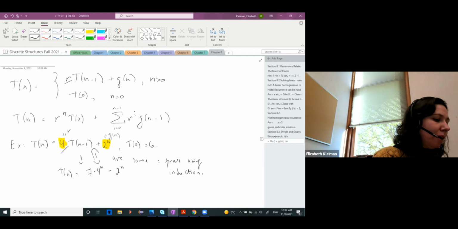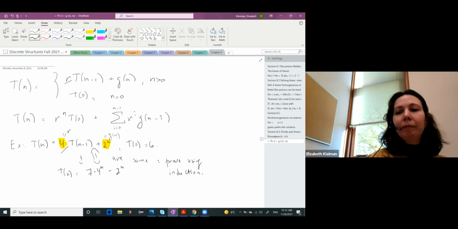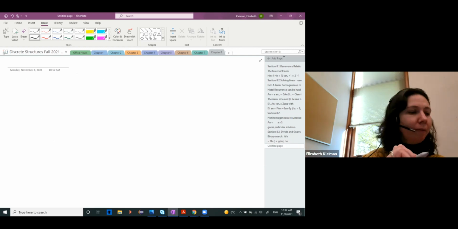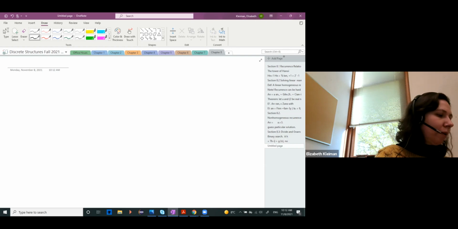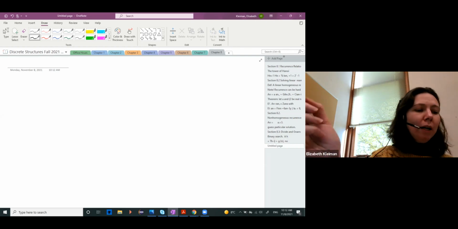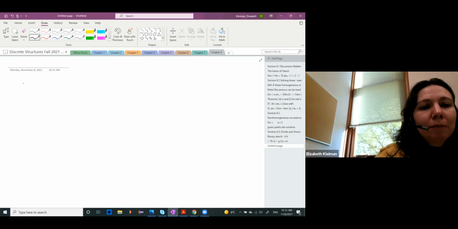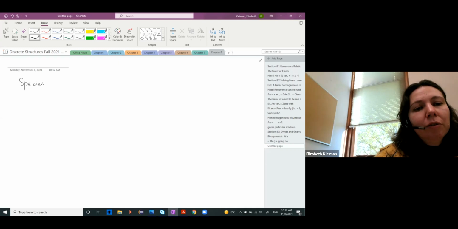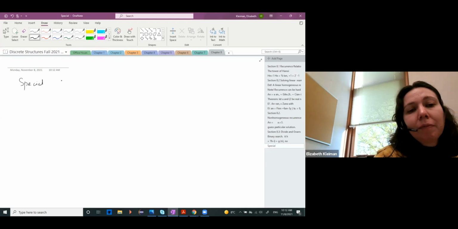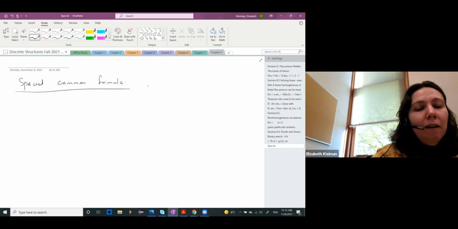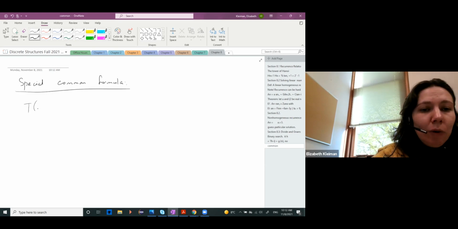Now, one more special formula for you. This one is very common for computer science algorithms when you halve things.